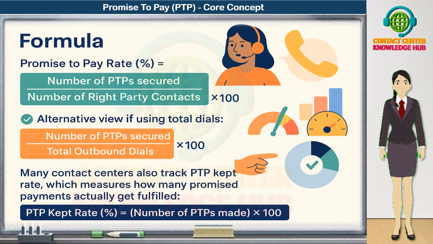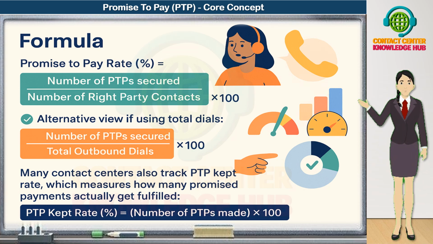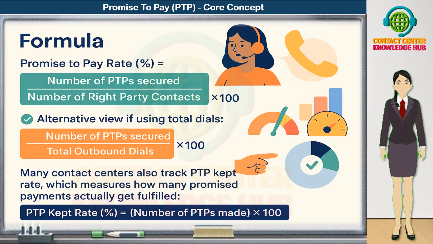This tells us what percentage of customer contacts result in a clear and committed promise to pay. There's also an alternative view, known as PTP per dial. In this version, we calculate the number of PTPs secured divided by the total number of outbound dials, multiplied by 100. This helps measure how effective the overall outreach effort really is.